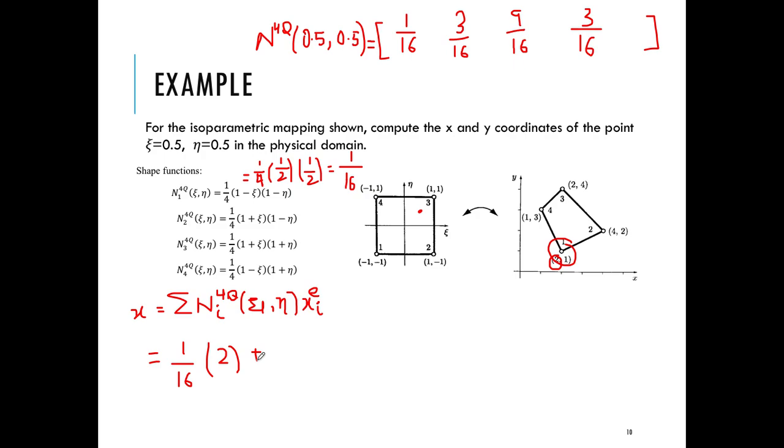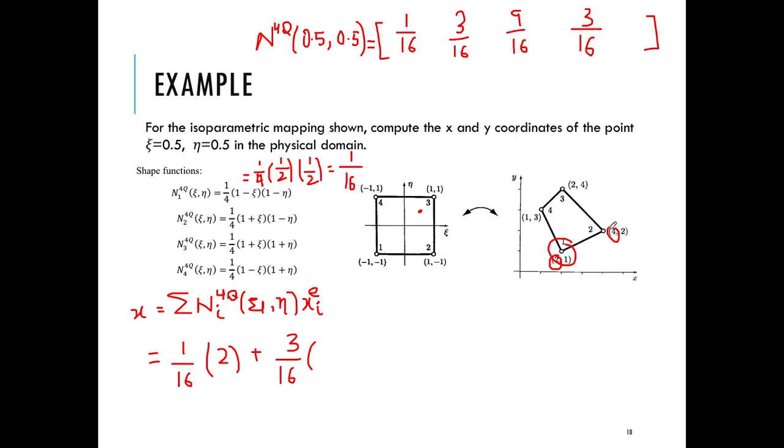Plus N2, that is 3 by 16 multiplied by x2, which is 4.